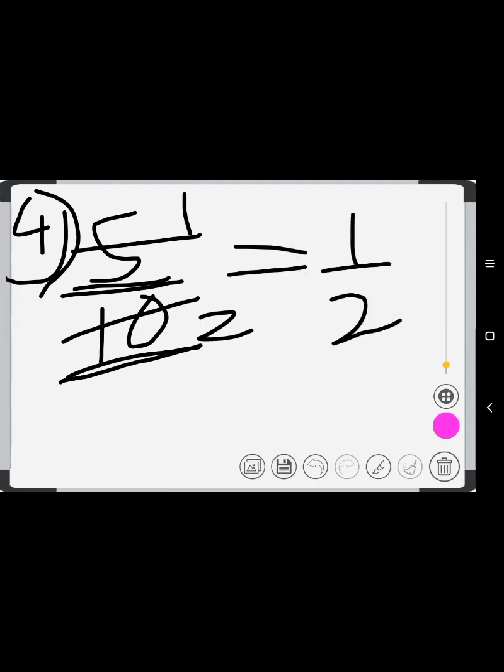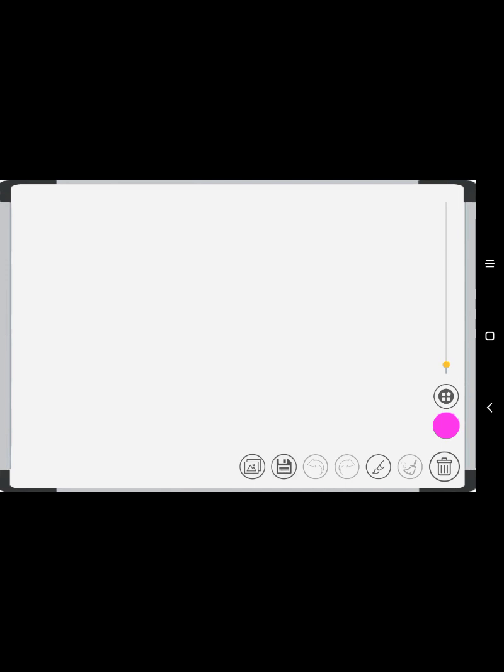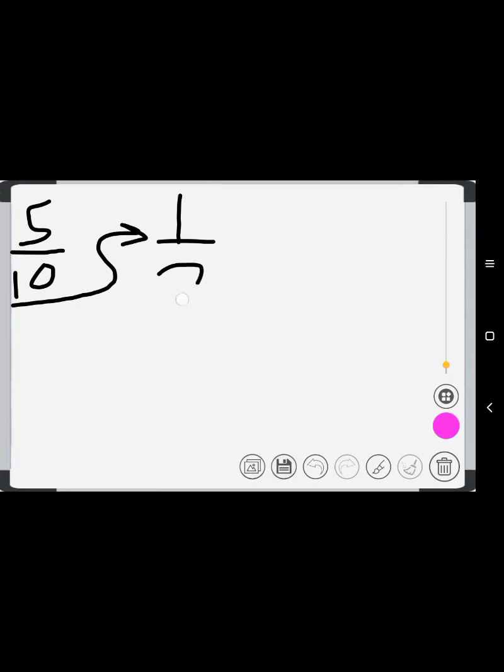Now, let me show you how I got that. So, I have 5 out of 10 in the corner. Now, how did I get it to simplify to a half? Well, let's find out. So, we have 5 out of 10.